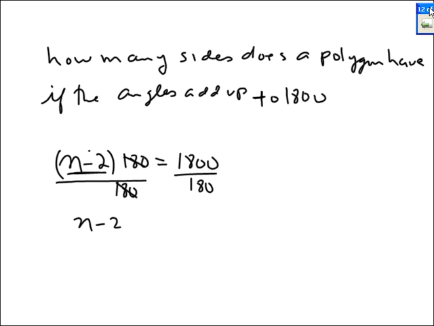So n minus 2 is equal to 1800 divided by 180, which is 10. Now, I know most of your teachers, and if you're a teacher yourself, most of you teach, you add 2 to both sides. Get your students to think, and students think: what number take away 2 is 10? The answer is 12.